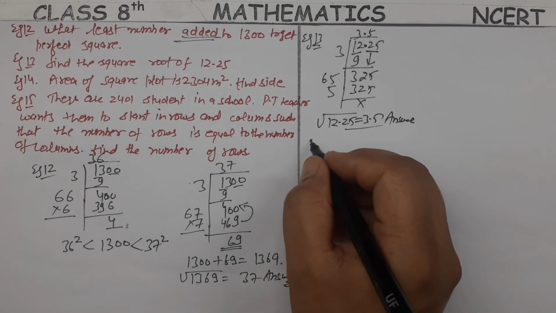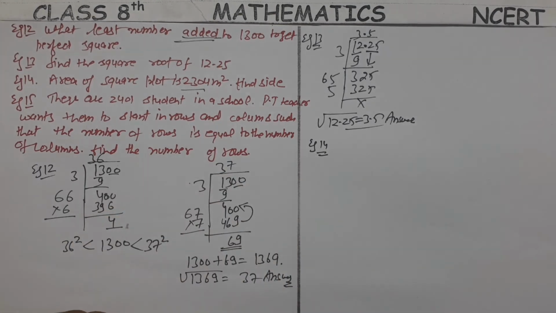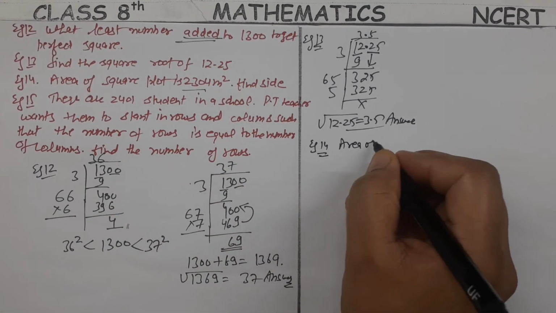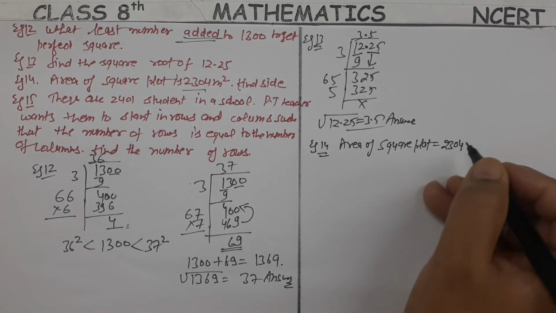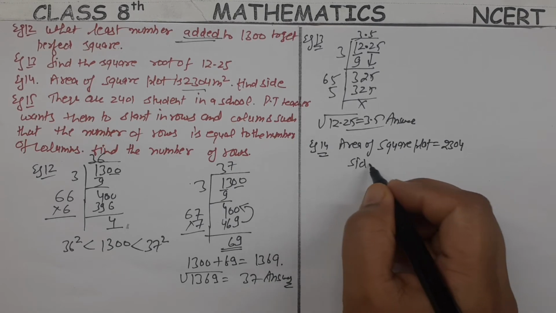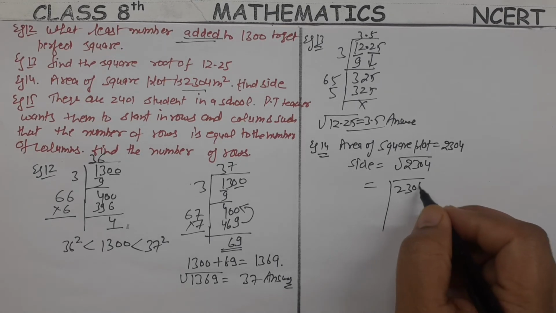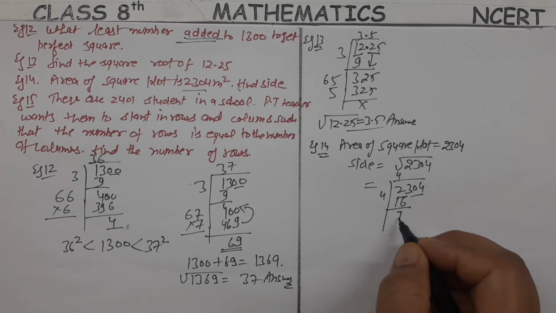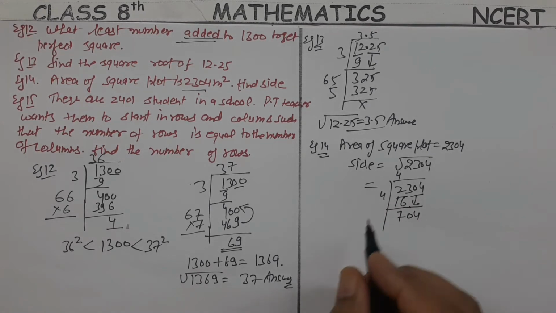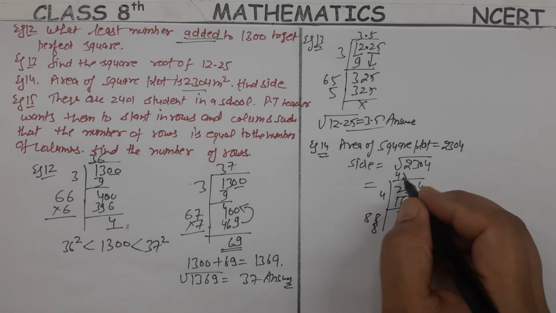Next is example number 14. The area of a square plot is 2304. We have to find its side. For the side, we will find its square root by the long division method. 4 4s are 16. Pair 04. 4 2s are 8. Write 8 multiplied by 8.